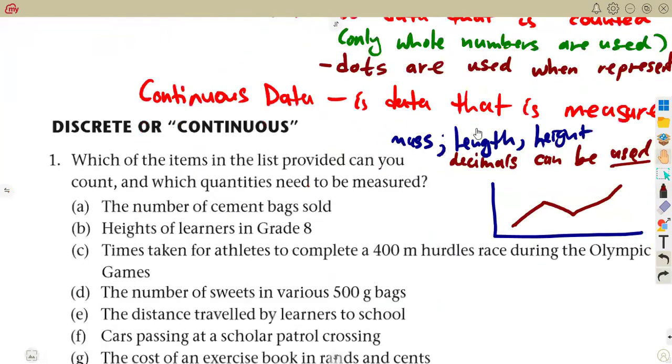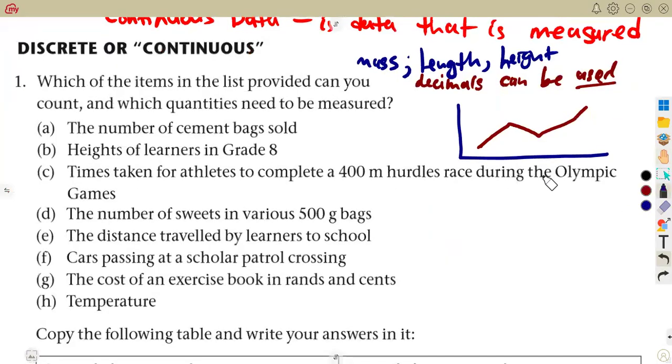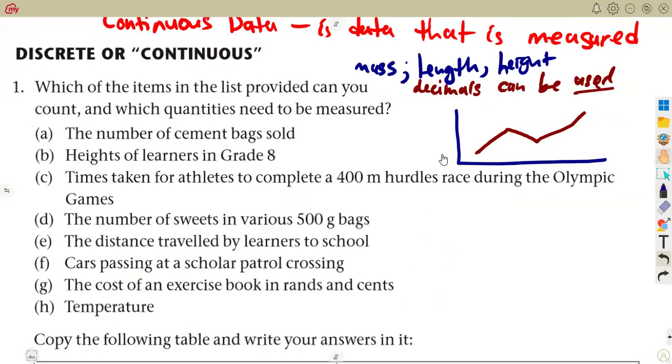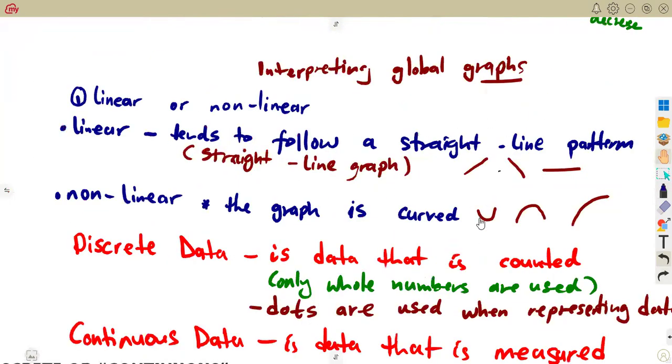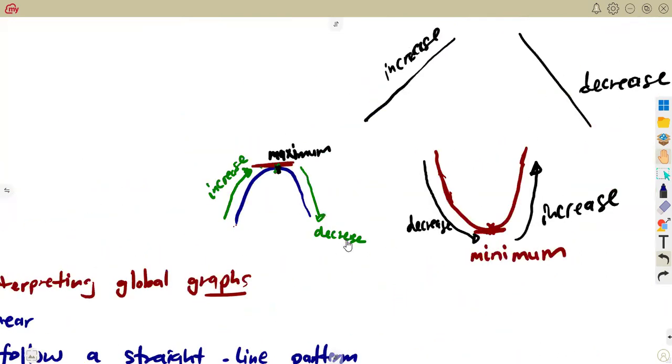But for now, let's try to answer these questions pertaining to the two that we just discussed, the discrete and the continuous, because these ones, as you can see, guys, are direct. You consider them linear, this and that. They're going to give you the graphs in the same way, so you just have to interpret this way.